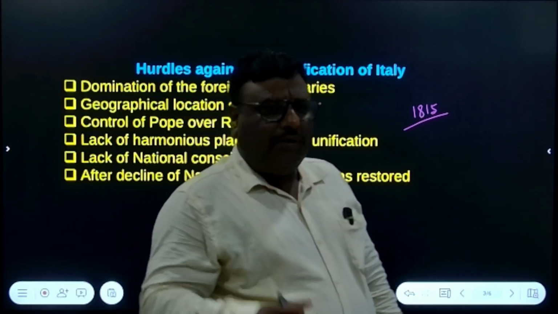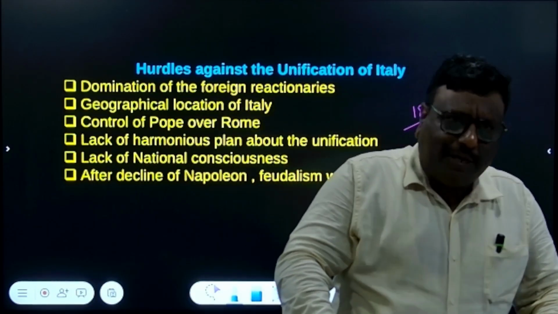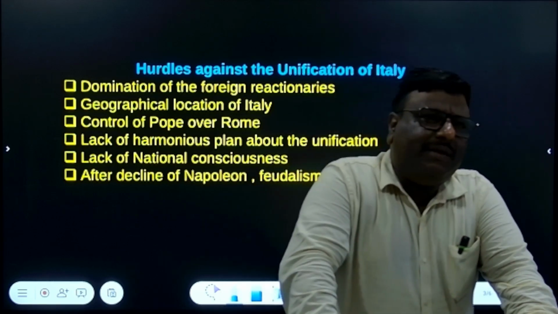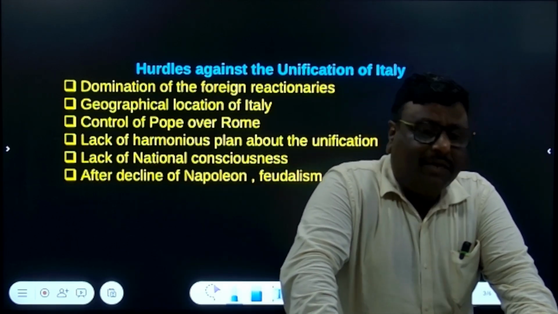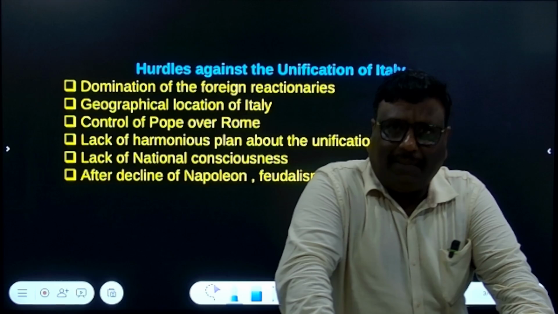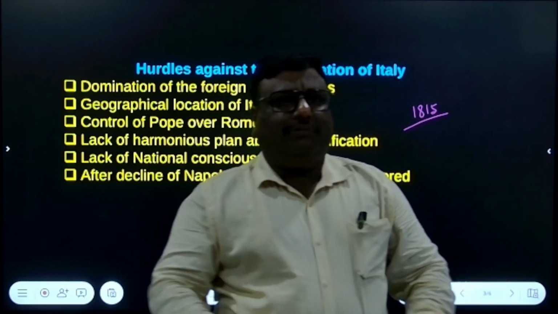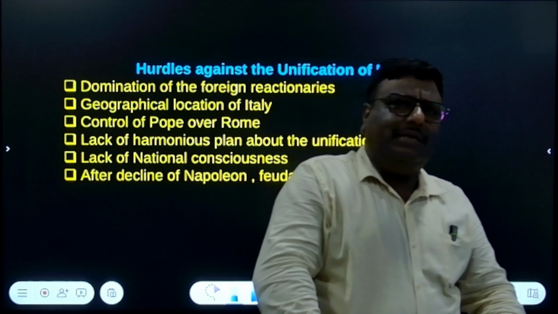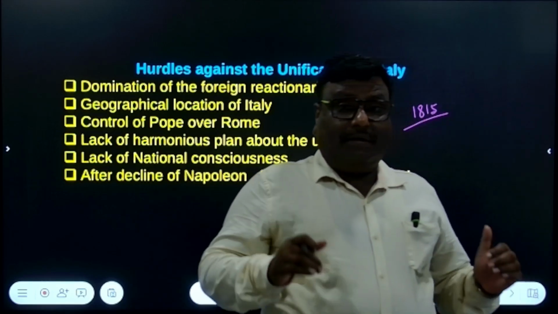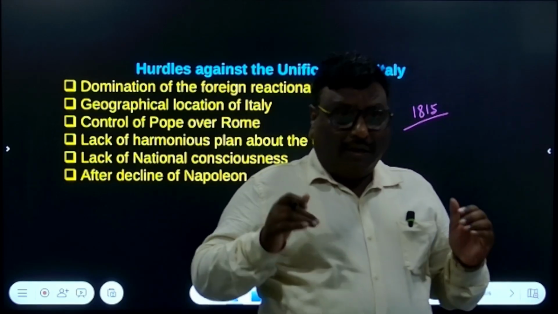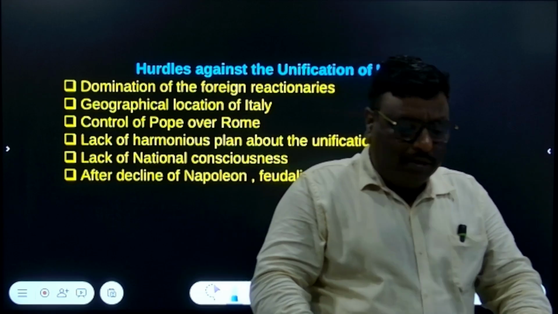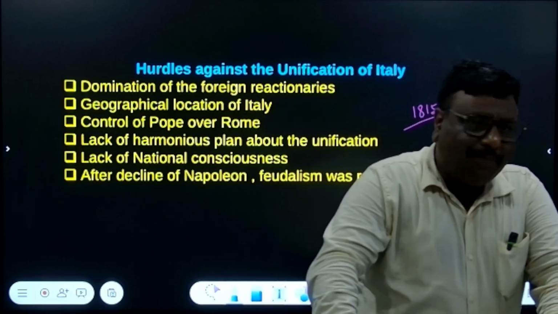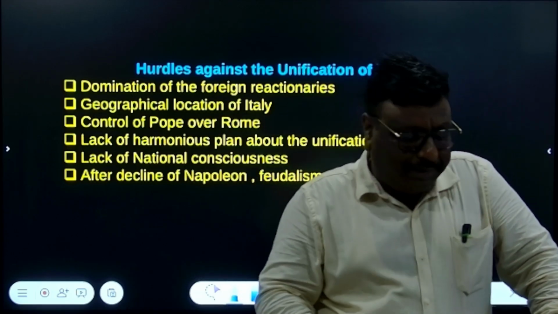You can go through that video for a better understanding. Once you watch the videos on the unification of Germany and Italy together, your concept will be clearer. The link to the unification of Germany video is given in the description.